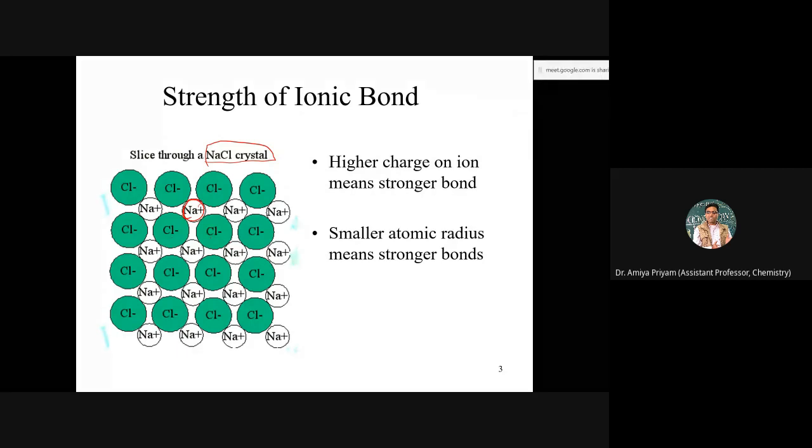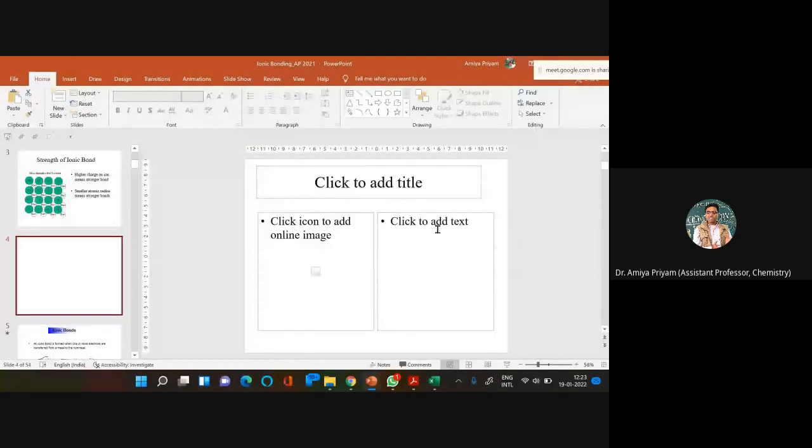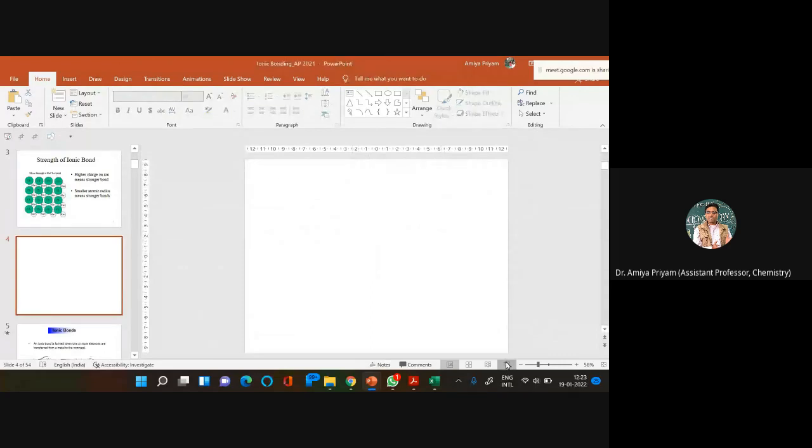What are the features of those compounds? What are the main features of a typical ionic compound? Let me take a blank slide, then I can add a few more points.